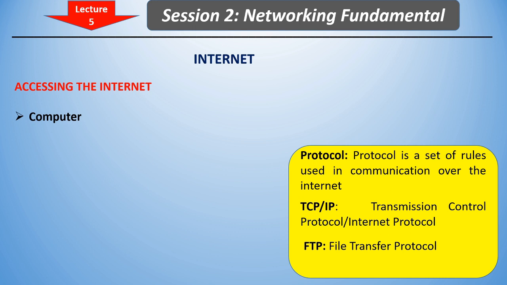The second thing is a modem. Modem stands for modulator-demodulator. A modem is a hardware device that allows a computer to send and receive data over telephone lines, or cable or satellite connections.